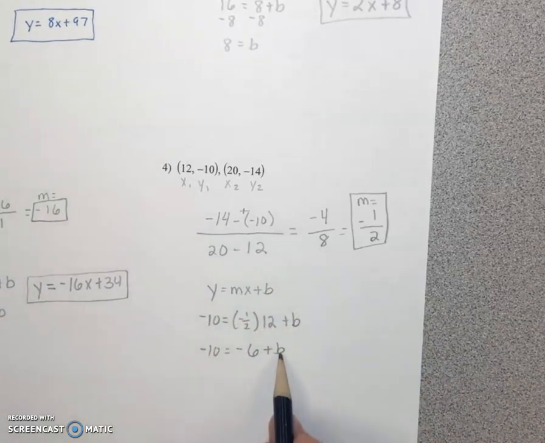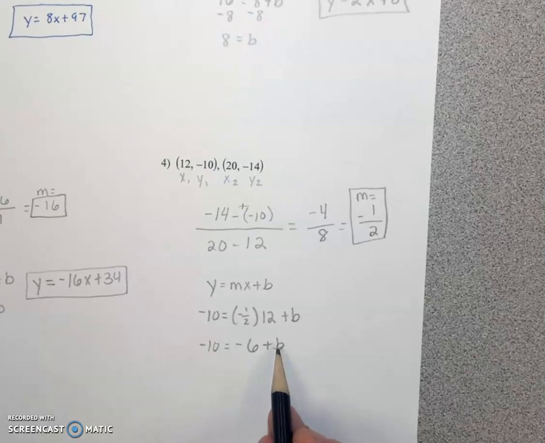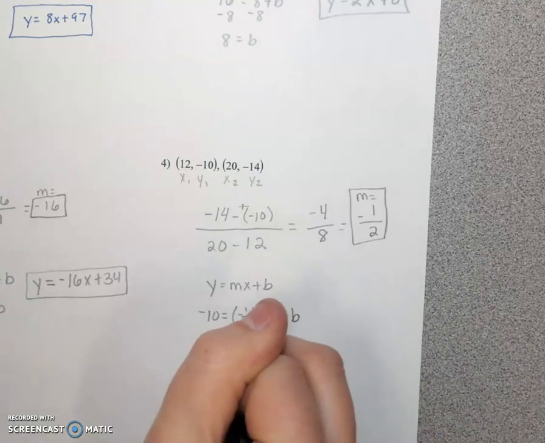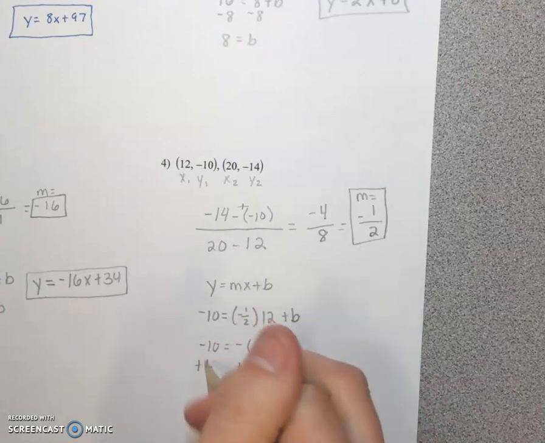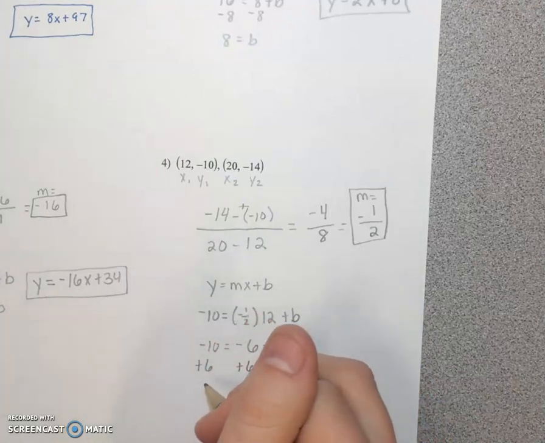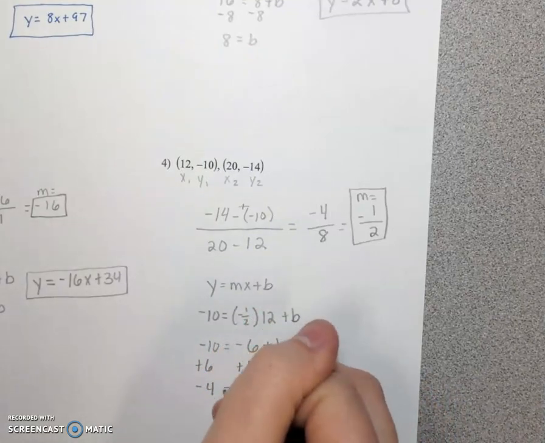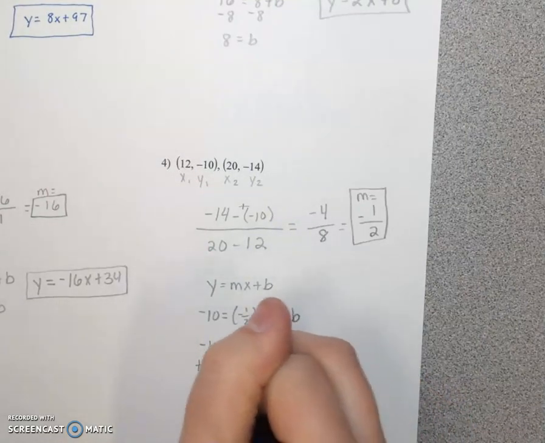I'm trying to find out what b is, my y-intercept. So to get b by itself, I need to get rid of this negative 6. The opposite of negative 6 is positive 6 on both sides. Negative 10 plus 6 is a negative 4. So guess what? Our b equals negative 4.